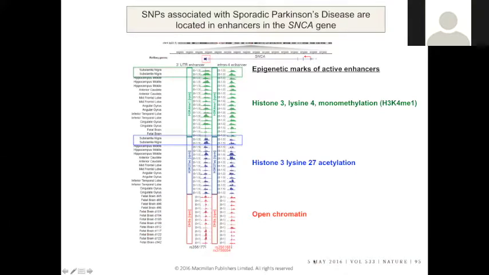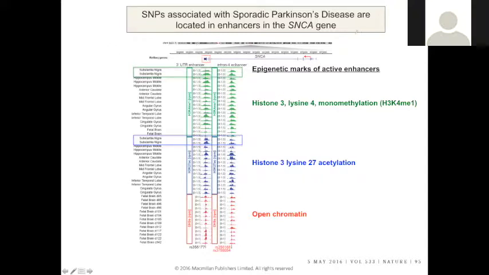What we see here, again, is a fairly complicated looking diagram, so let's take our time to look at it carefully. This is showing the location of SNPs that have been identified in genome-wide association studies that are associated with sporadic Parkinson's disease.